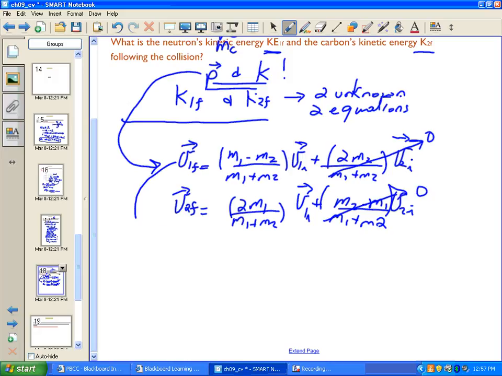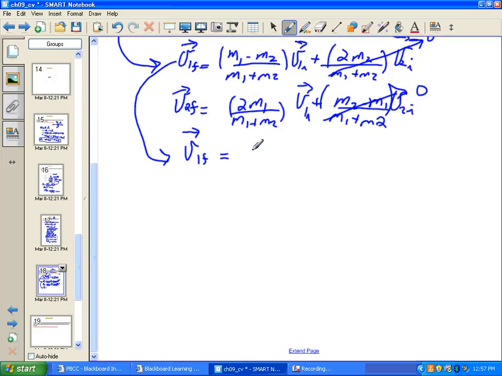All right, so let's substitute in our values. And we're going to try to make life as easy as possible for us. Write all masses in terms of m1. m1 minus 12m1. Remember, m2 is 12m1, divided by 13m1.